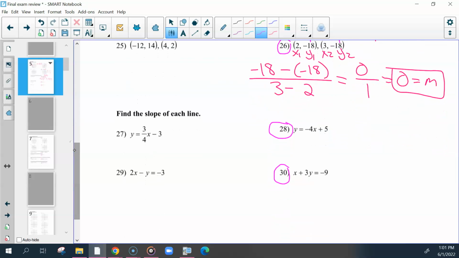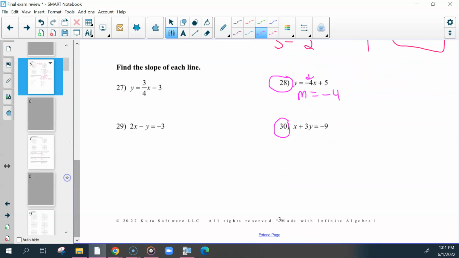For 28, this is given to you in slope-intercept form. So you just need to be able to determine which of these numbers is your slope, which is this one. So we can say m equals negative 4. Our slope is negative 4.